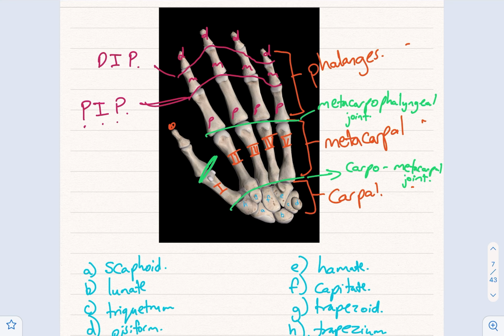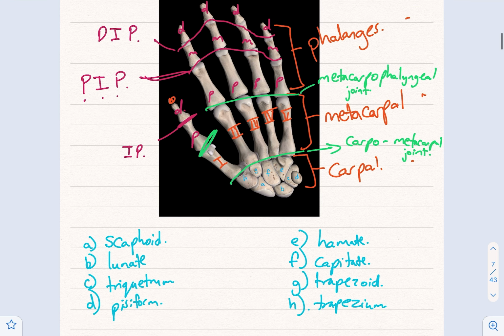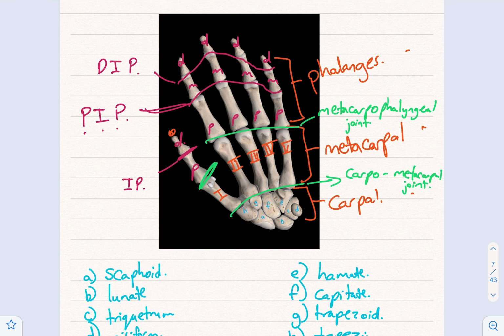Now you're probably thinking, the thumb would only have a proximal and a distal bone. So you just call this joint the interphalangeal joint, because there is no third bone in the thumb. So that is basically the bones of the hand.